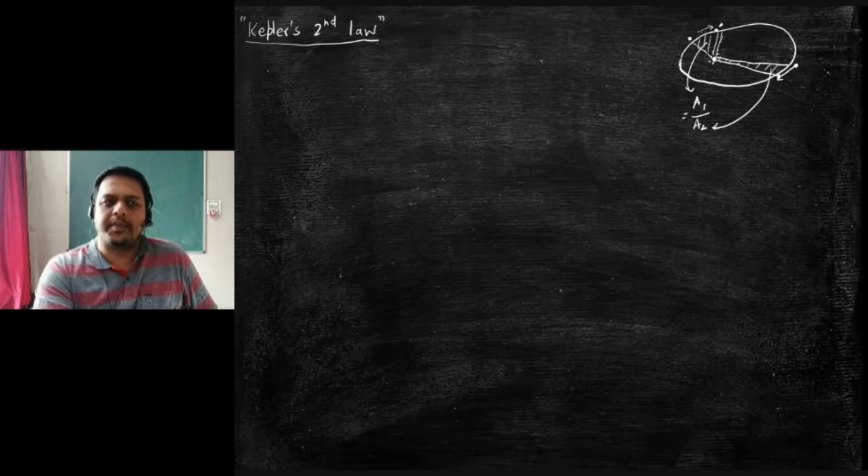The area swept by the planet while it goes from here to here is called A1. The area swept by the planet when it goes from here to here is called A2.